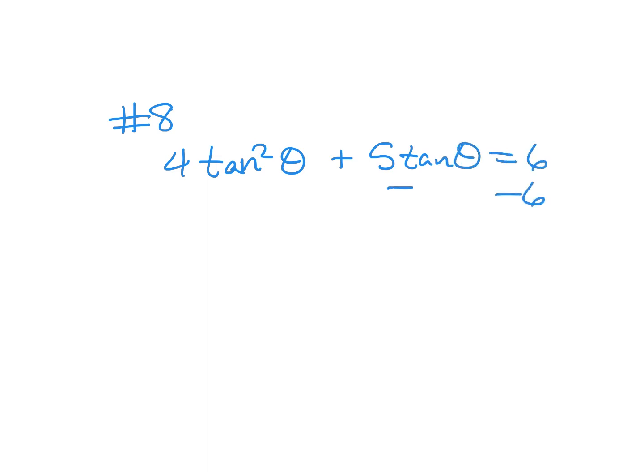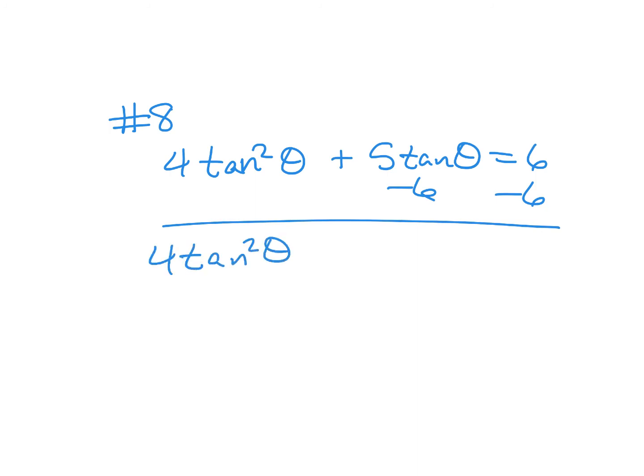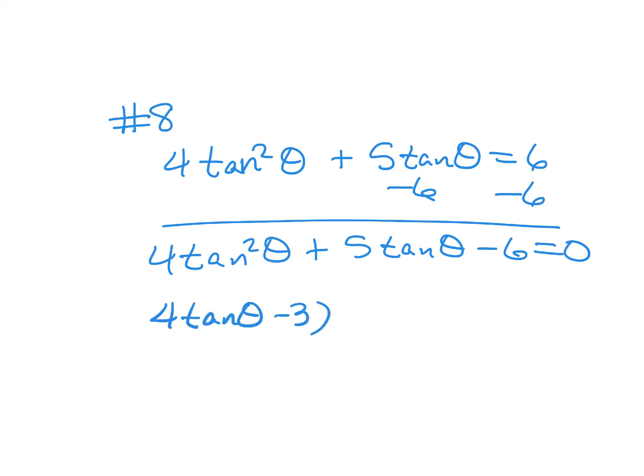I'm going to move the 6 over so I can set my equation equal to 0. And then I'm going to factor the trinomial. This one you can either do factor by grouping because it's a little bit bigger, or you can guess and test. This factors into 4 tangent theta minus 3 and tangent theta plus 2.